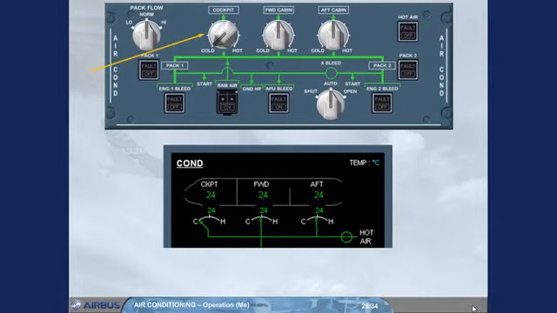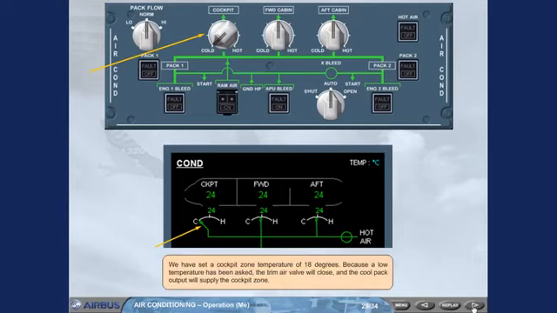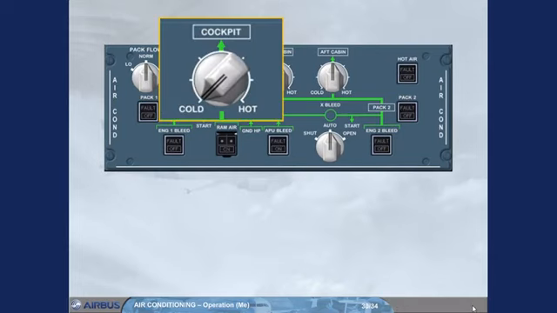Because a low temperature has been asked, the trim air valve will close, and the cool pack output will supply the cockpit zone. Note that each increment on the zone temperature selector scale is 2 degrees, which gives a selectable range from 18 degrees at cold to 30 degrees at hot.